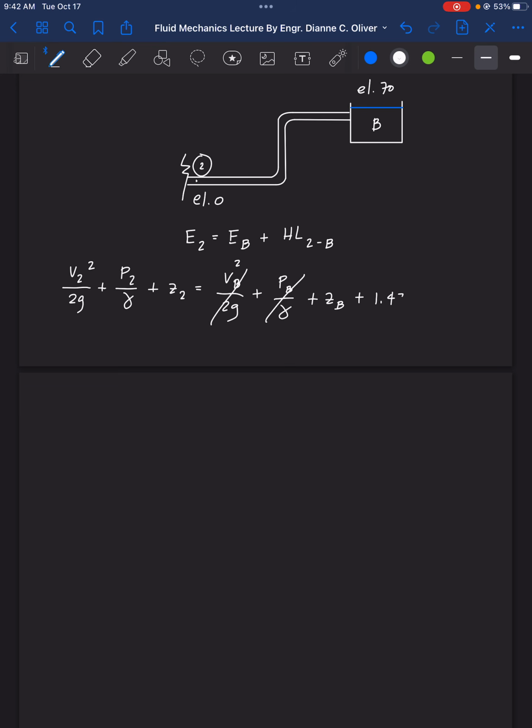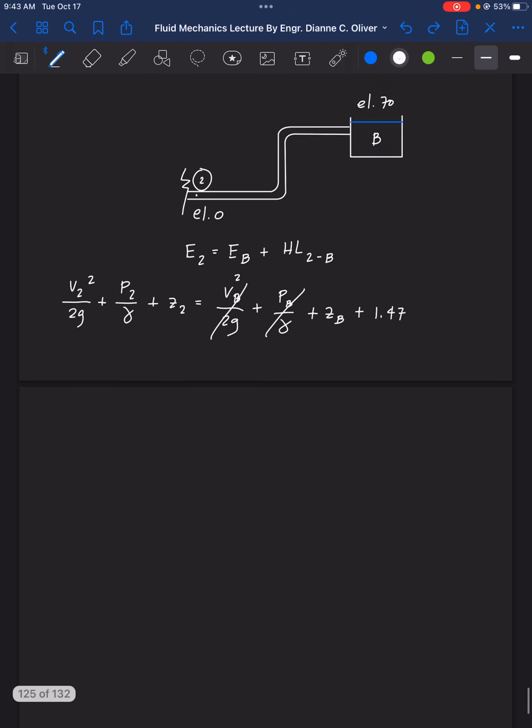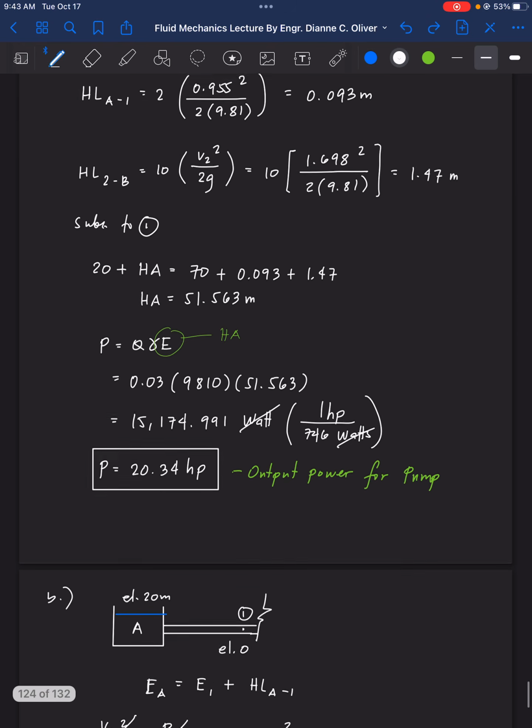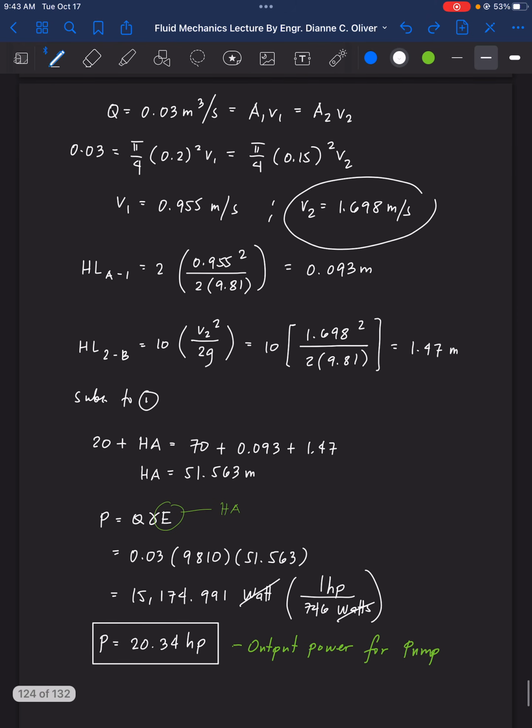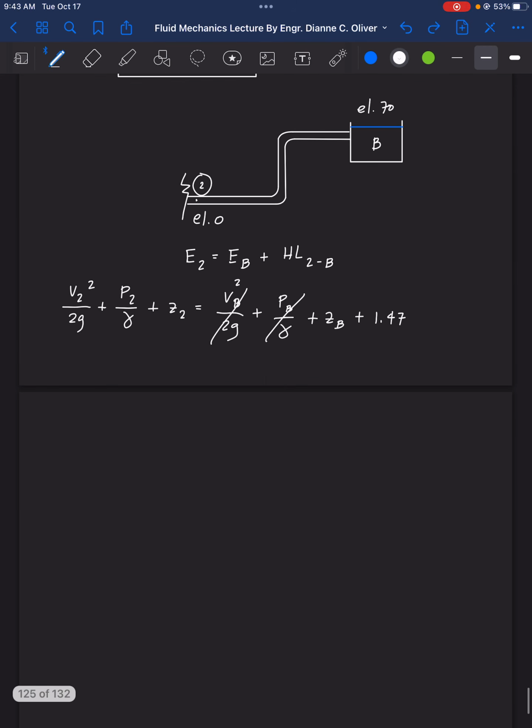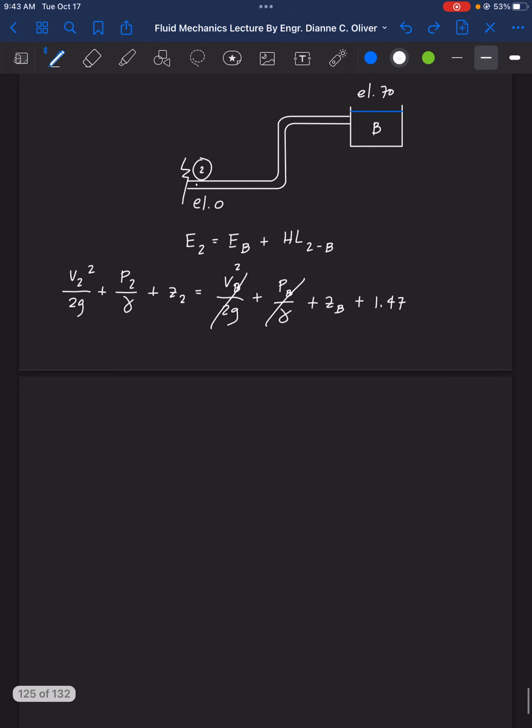So 1.47. So V2, what's the value for our V2? Once again, our V2 is 1.698. So 1.698 squared all over 2 times 9.81 plus the pressure head plus Z is 0 equals our ZB.